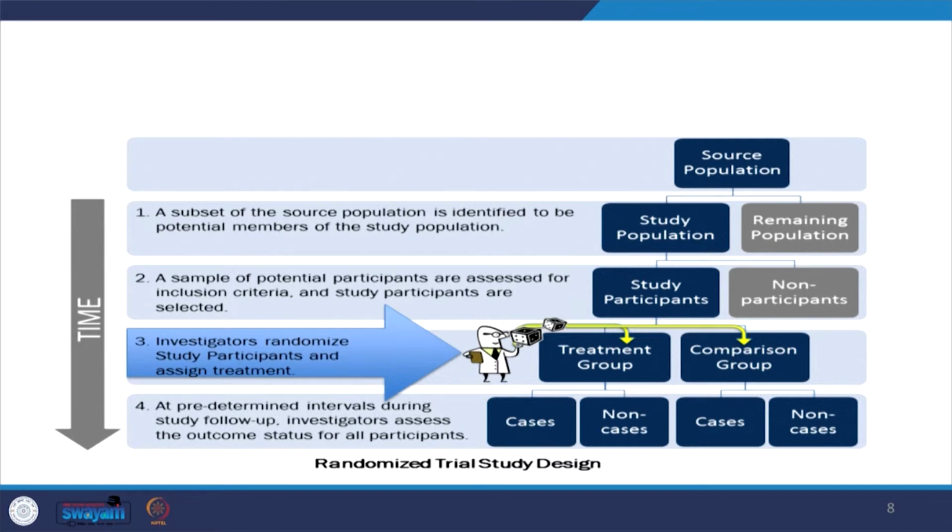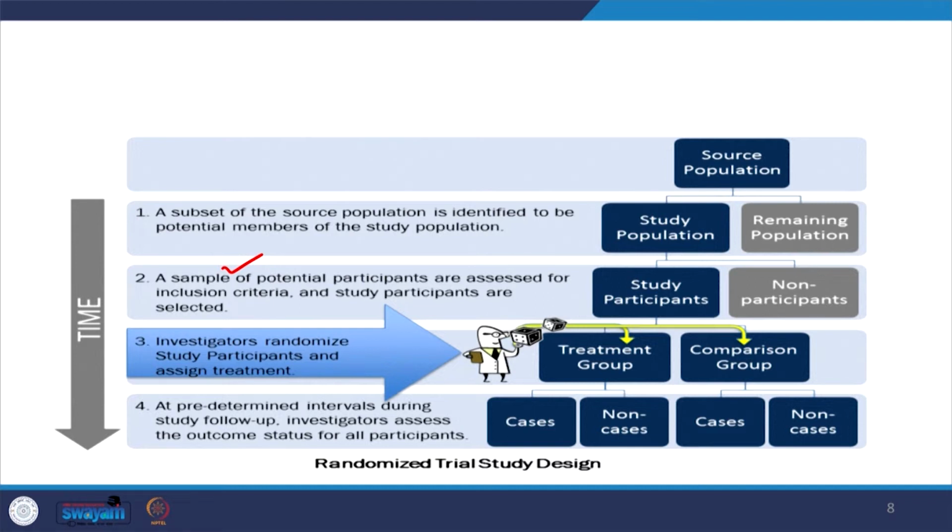First, a subset of the source population is identified to be potential members of the study population. They could be the source population, the study population, and the remaining population. Second, a sample of potential participants is assessed for inclusion criteria, like pre-testing, and study participants are selected.